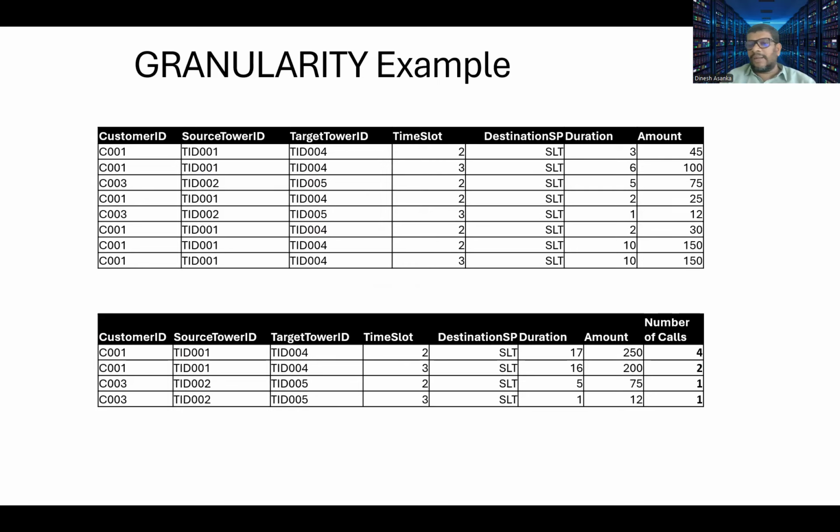Don't remove the original granularity, in case of a need, you can have that as well. Data duplication is fine in data warehousing. So you will have this table as well as this table, and you will end up with 2 fact tables instead of 1. That is fair enough in data warehousing.